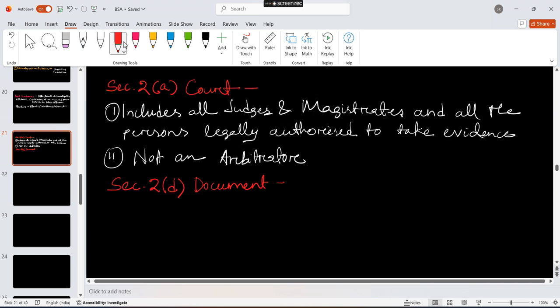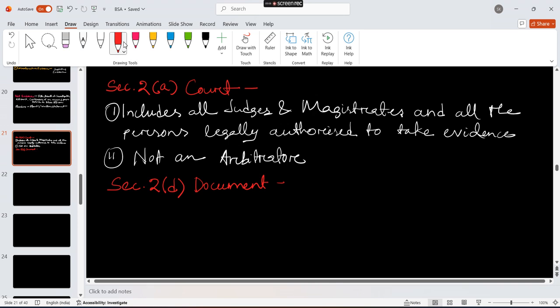Now, if it is expressed or described, on which substance is it being expressed or described? Upon any substance, whether it's paper, a piece of cloth, a wall, an archive, or even any digital storage, whatever it may be. Then by what means is the document being expressed or described?